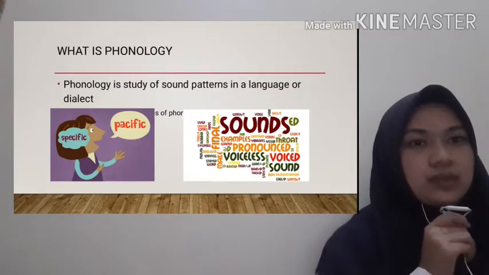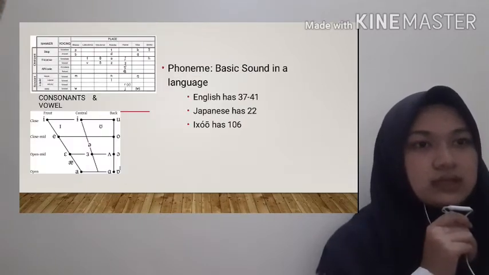First, phoneme. A phoneme is a basic sound in a language. The concept you should write down in phonology is that a phoneme is a basic sound in a language, or we can say it is a basic constructive sound in a language. For instance, the sound k.